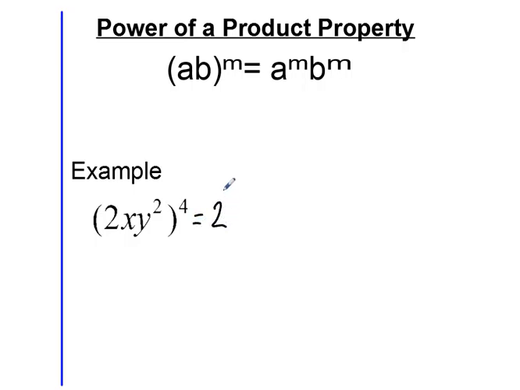The 2 gets a power of 4. The x, which has an exponent of 1, that exponent of 1 will get multiplied by 4. And the 4 also multiplies to the 2 as well.